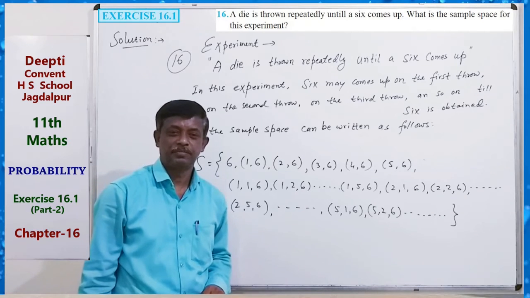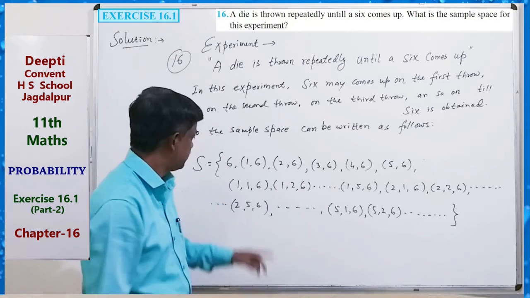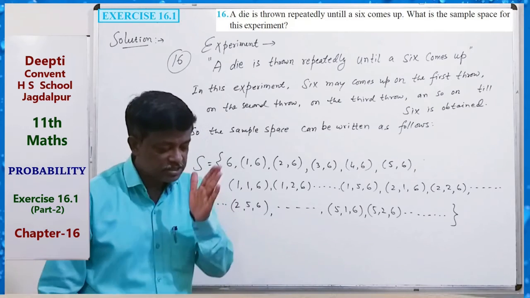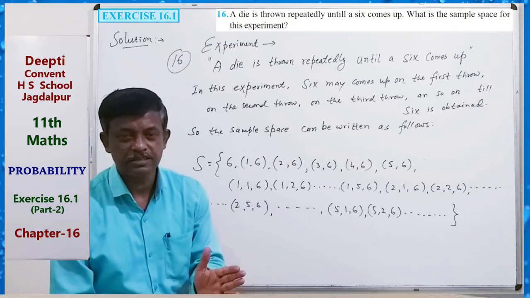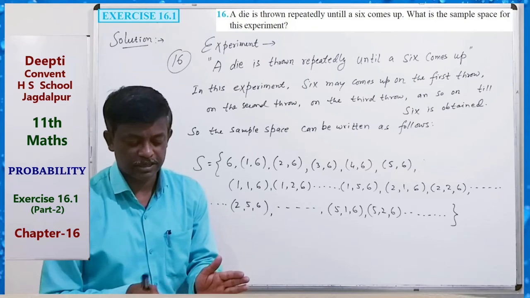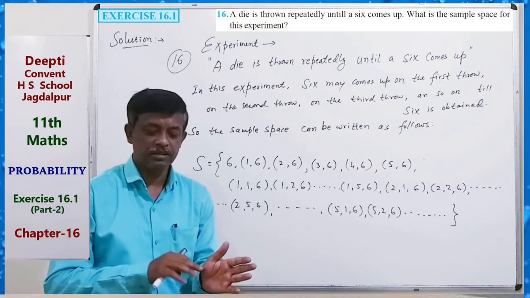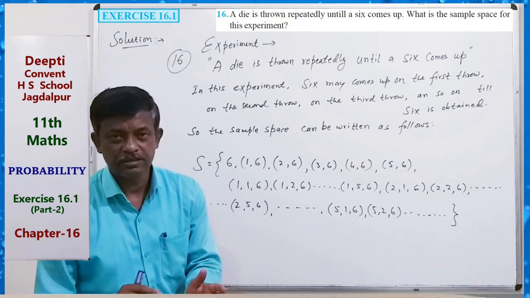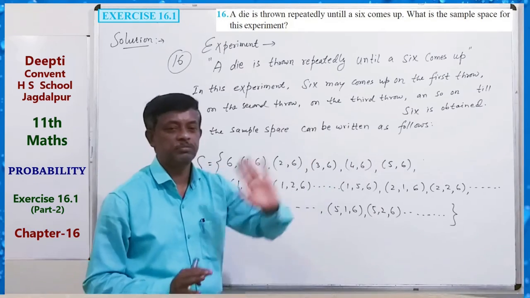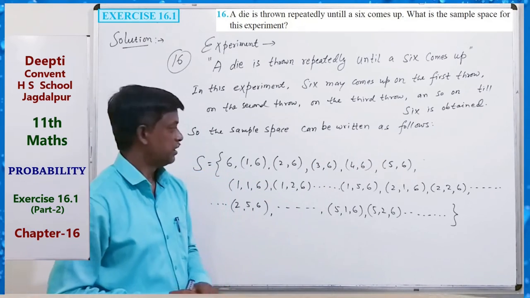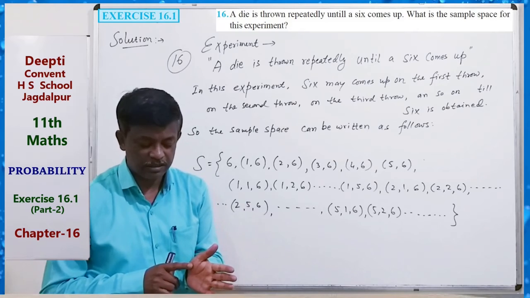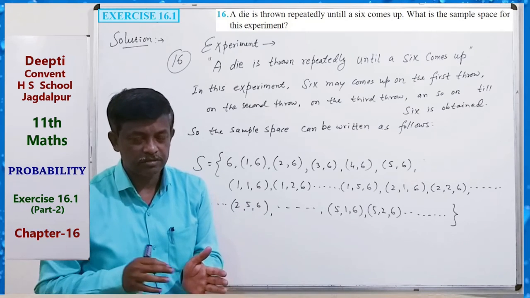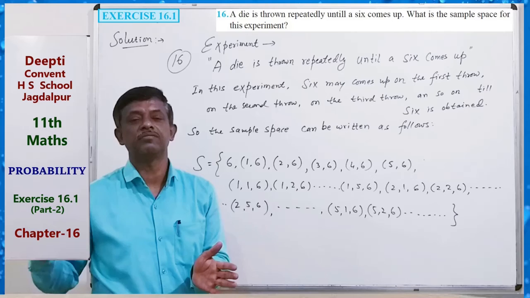First attempt 6, finish. First attempt 1, second 6, finish. First attempt 2, second 6, finish. First attempt 3, second 6, finish, up to 5, 6. Now first 1 and then second not 6; second may come 1, 2, 3, 4, 5.